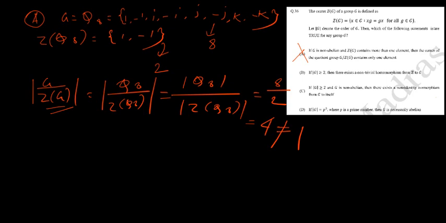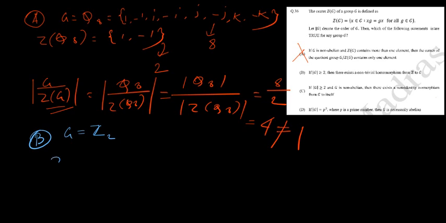In option B, if the order of G is greater than or equal to 2, then there exists a non-trivial homomorphism from Z to G. Suppose G equals Z2.